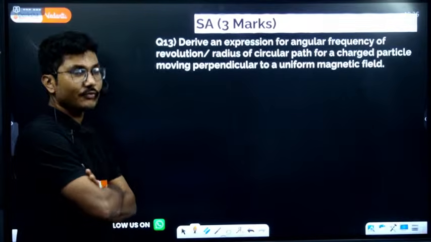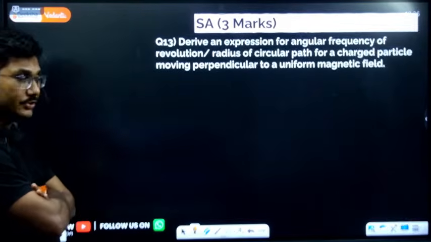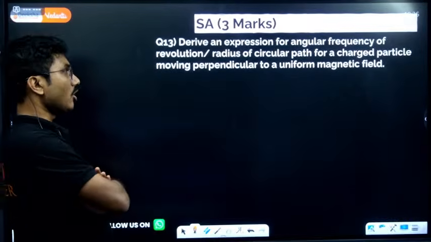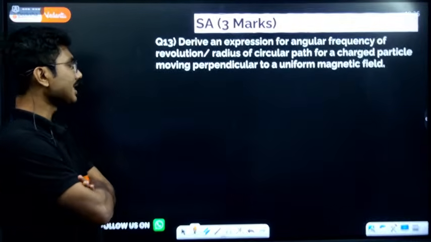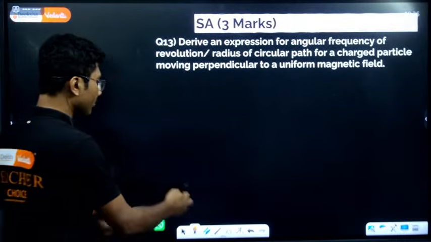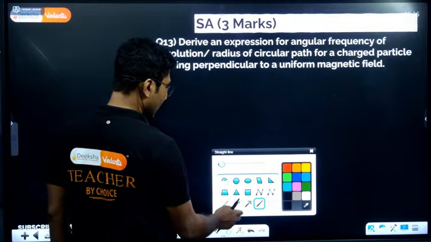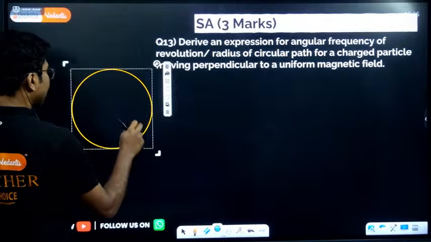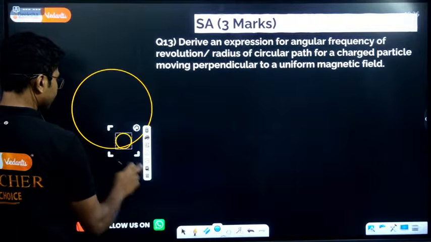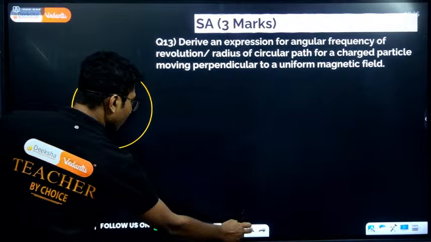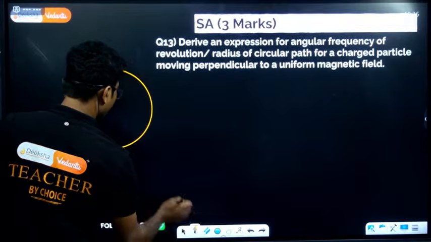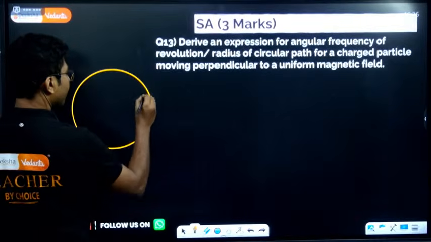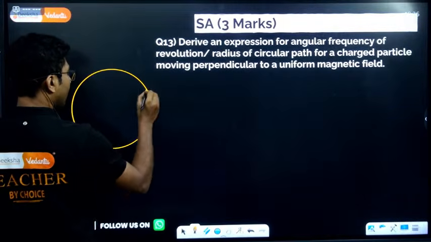Derive an expression for angular frequency of revolution or radius of circular path for a charged particle moving perpendicular to the uniform magnetic field. So you have to show that in a uniform magnetic field a charged particle is rotating, and you have to find the expression for the angular frequency.